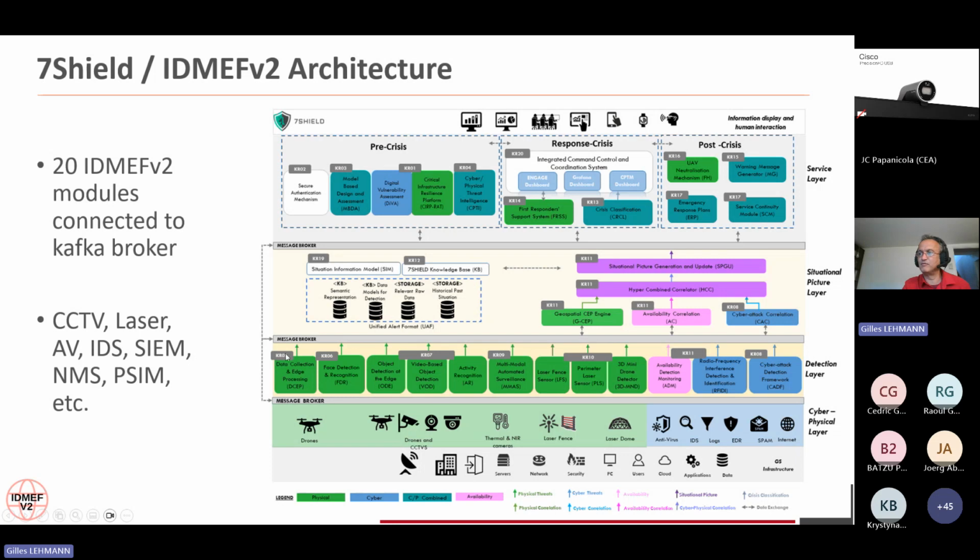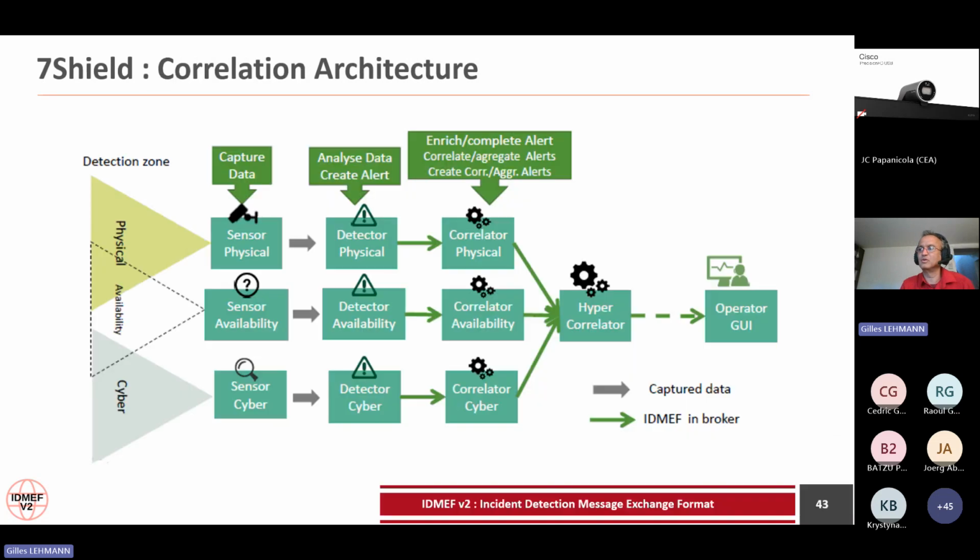We had some physical detection, some cyber detection, and in the middle, availability, and everything correlated and centralized on a hyper-correlator. And really, we were lucky because we had about 20 different modules, physical, cyber, the correlator, etc., all talking IDMEFv2, and we could quickly check that the theory could work.